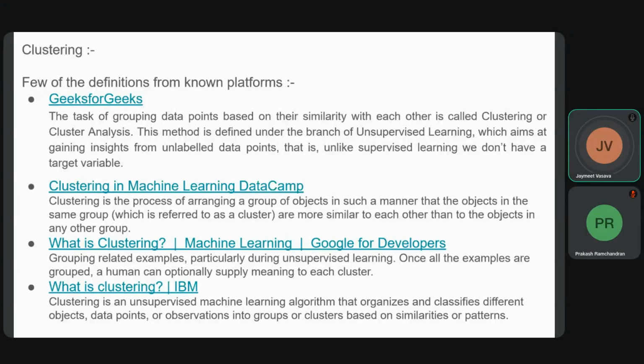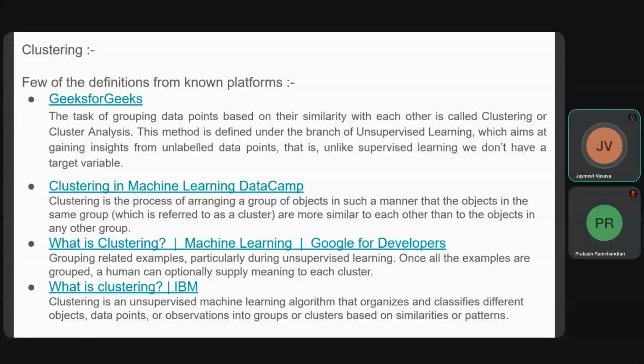Once all the examples are grouped, a human can optionally supply meaning to each cluster. So from a data set, the clusters are formed based on the different features present in the data set. Certain features are common among the records, and based on those similarities, the clusters have been formed.